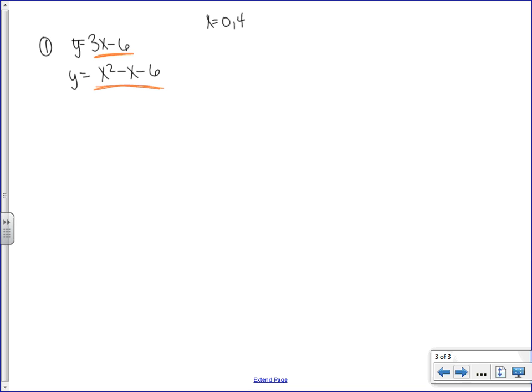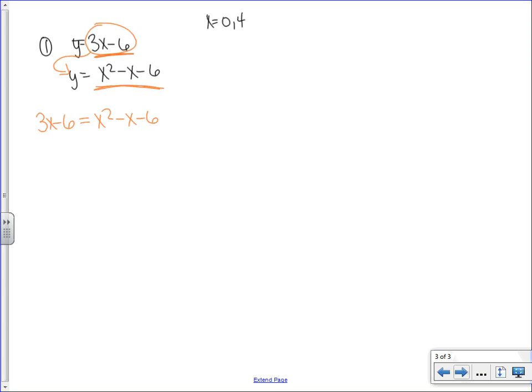If y is equal to both of those things, that means both of those things need to be equal to each other. This is like substitution. You're taking what y is equal to and plugging it in for y in the other equation. So this gives me 3x minus 6 is equal to x squared minus x minus 6.